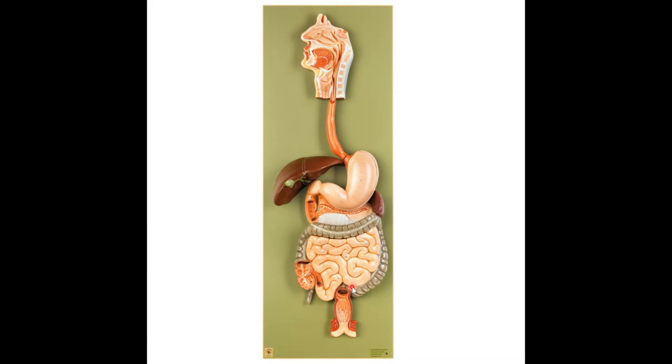Sigmoid is a term that refers to S. It takes a little shape change here. Sigmoid colon, and then that leads to the rectum, and then the anus, through which feces are ejected. Accessory organs: the pancreas, the liver, and the gallbladder right there.